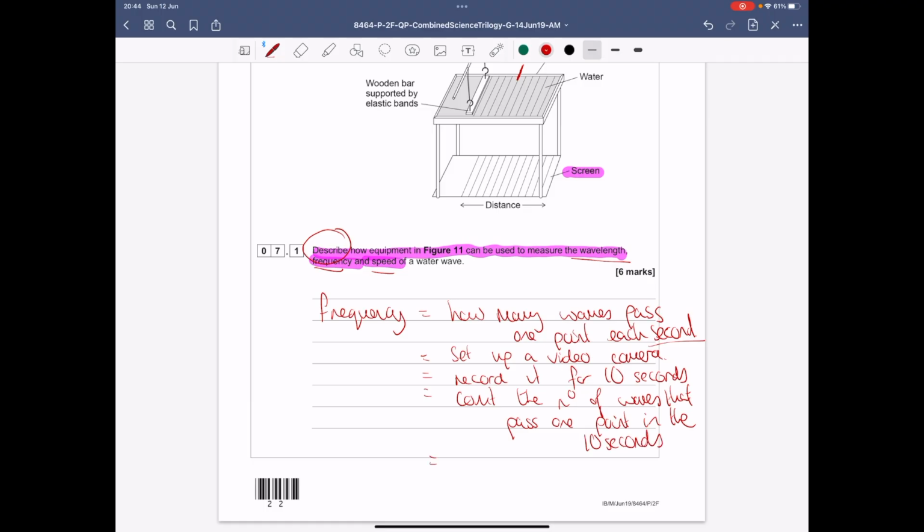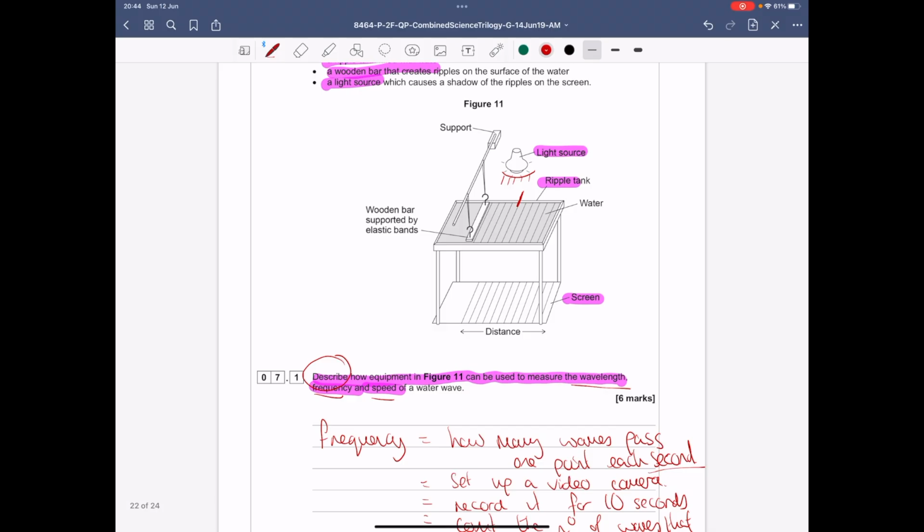And then to calculate the frequency, you would divide that number by 10. So you can effectively say your frequency is 1 divided by the time. Okay, so that's how we could get our frequency.